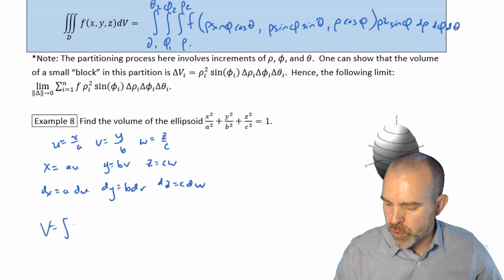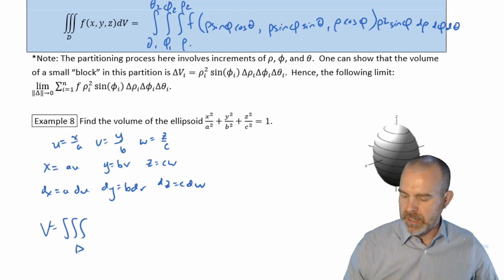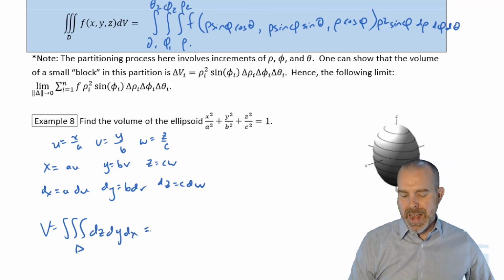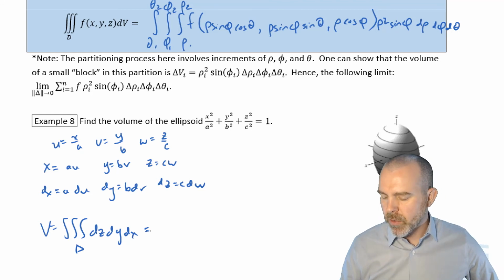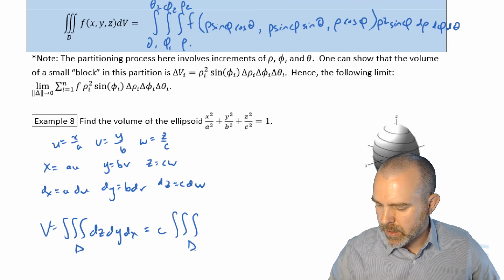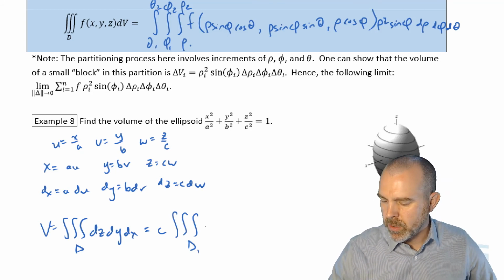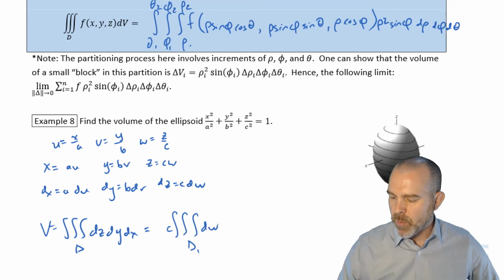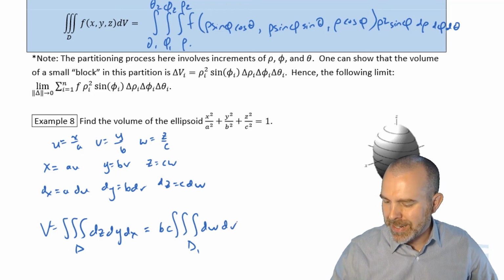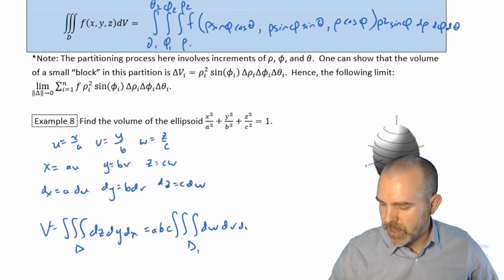The volume, which would be the triple integral over the region D of dz dy dx, now becomes the triple integral over this new region, which we'll call D1. dz is c dw, dy is b dv, the b and c are constants, and dx is a du.